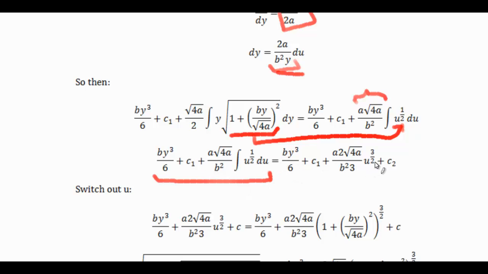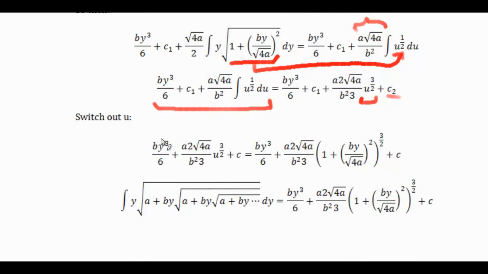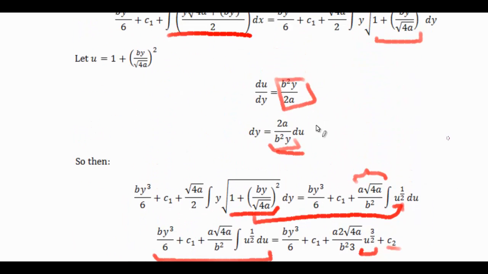And using our power rule again, we can get u to the 3/2 here as part of our coefficient. And we get another c squared, I mean c2, as a constant. So now we just simply switch out u for this piece up here.